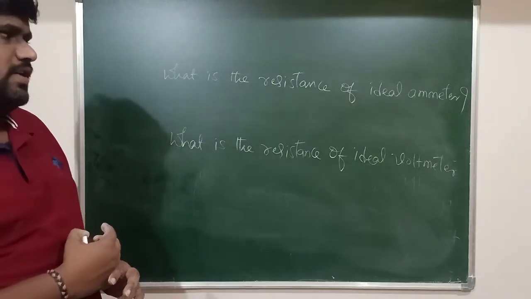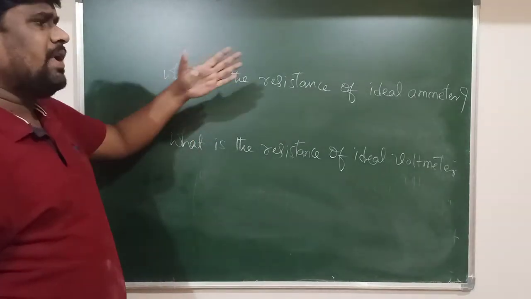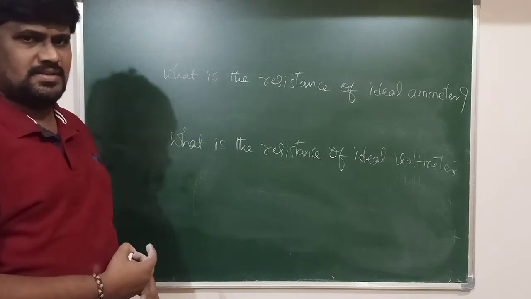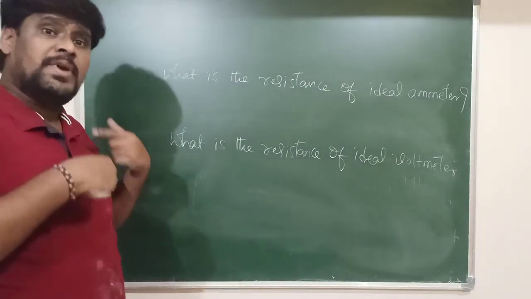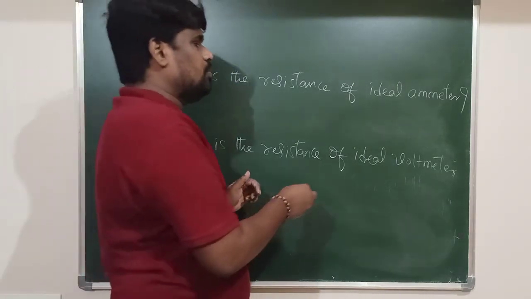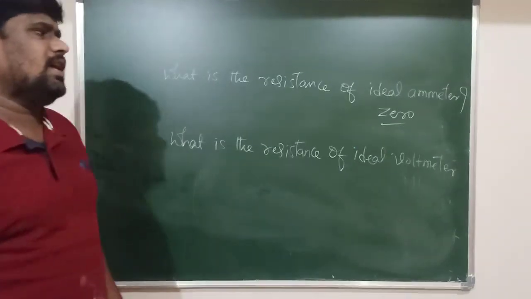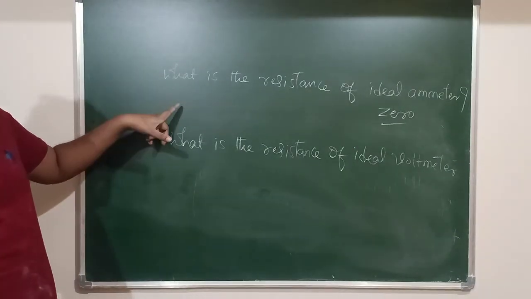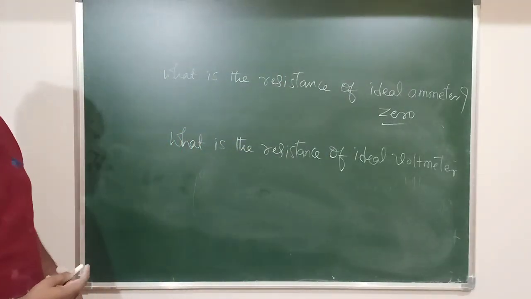An ammeter is a current measuring device. It should have minimum resistance. Ideally, minimum means how much? Definitely it should be 0. What is the resistance of an ideal ammeter? The ideal ammeter has 0 resistance.